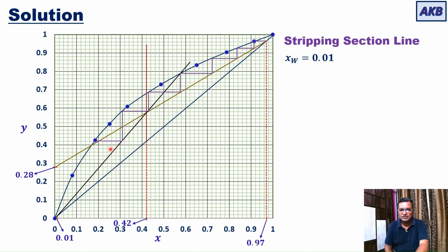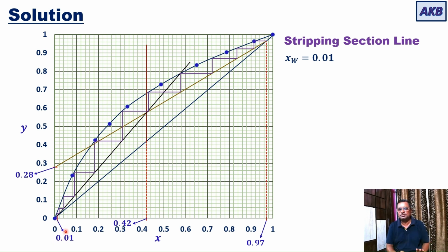So again, horizontally to the equilibrium curve, to the stripping section line, and so on, alternating between the equilibrium curve and the stripping section line. When I do this for the last time, I have reached XW, that is 0.01.